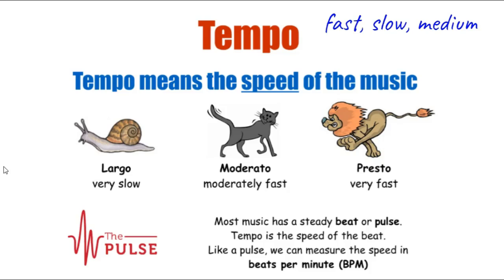And by contrast, some slower, longer notes. That last one would be an oboe that I gave as an example. So ultimately, tempo means the speed of the music.